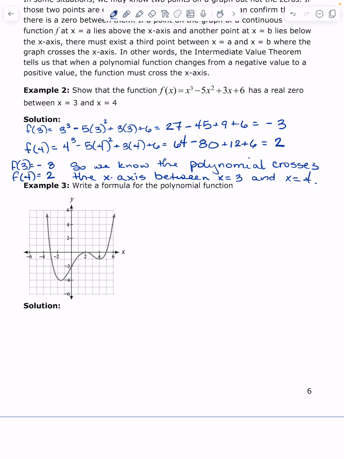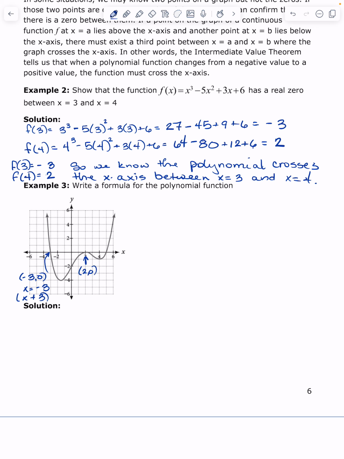Example 3, you will definitely be asked to do this on the midterm. This just makes sense. You make sure you really understand what is going on, and you can go forward and backwards. So I have this intercept, negative 3, 0, which means x equals negative 3 is a root or a solution, which means x plus 3 is a factor.